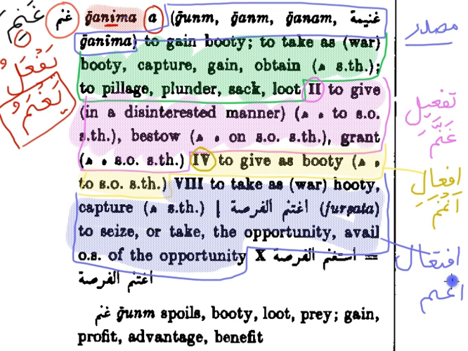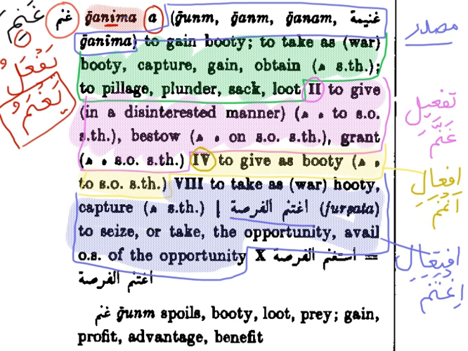In other words, ightanama. So ightanama means to take as war booty, to capture, and it is also mentioned in Arabic ightanama al-fursah, to seize or take the opportunity, avail of the opportunity.